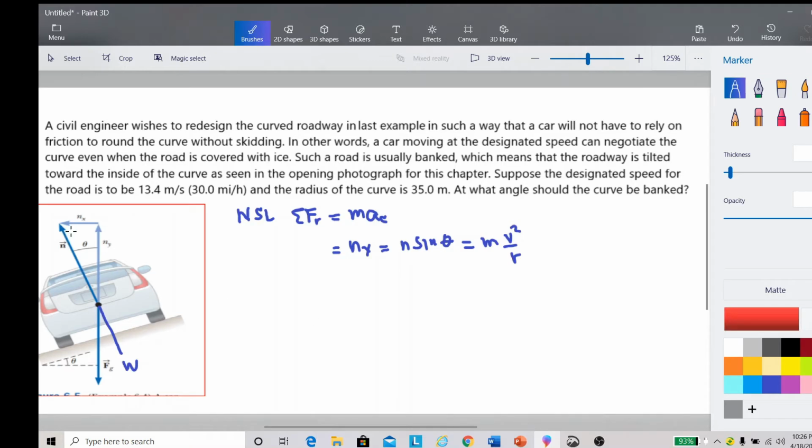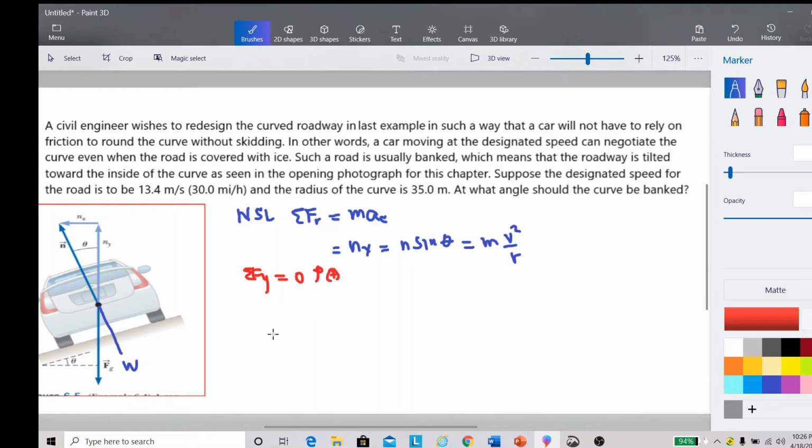Now, let's go to the vertical. Summation of forces at y is in equilibrium, so it is equal to 0. Upward positive, let's say. What are the forces acting upward?